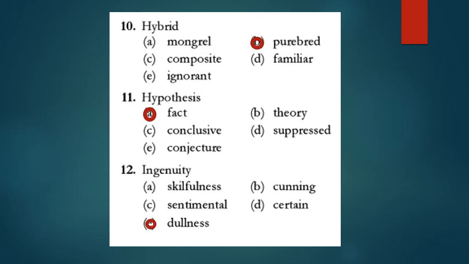Now ingenuity means the quality of being very clever. So the opposite of that will be dullness. That's E. Cunning, again clever. And certain means sure, sentimental means very emotional. So the right answer will be E, dullness.